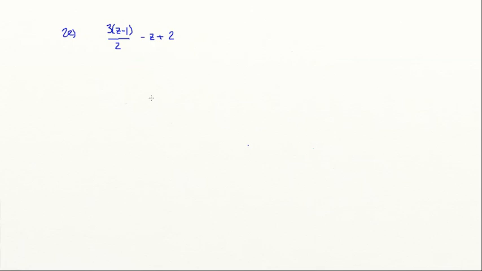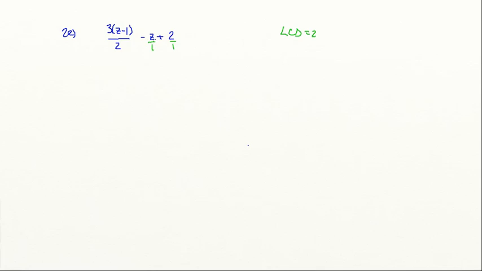Question 2e, 3 times z minus 1 over 2 minus z plus 2. There's no equal sign, so I need to simplify this. First thing I'm noticing is I have fractions, and my lowest common denominator here is going to equal 2. There's no equal sign, so I can't do the same thing to both sides. I have to just make sure I multiply only by 1.